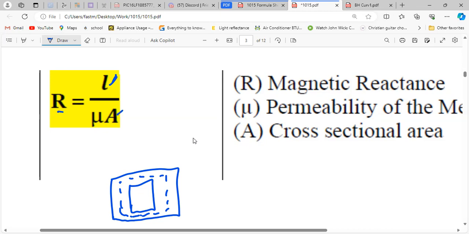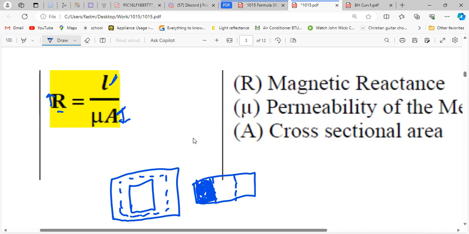A, think of A as the cross-sectional area of the material. If I look at this material from above, it will look like that. Once it's a uniform shape, that will be the area. If that increases, in this case, it's inversely proportional, so if this decreases, the reluctance will increase.